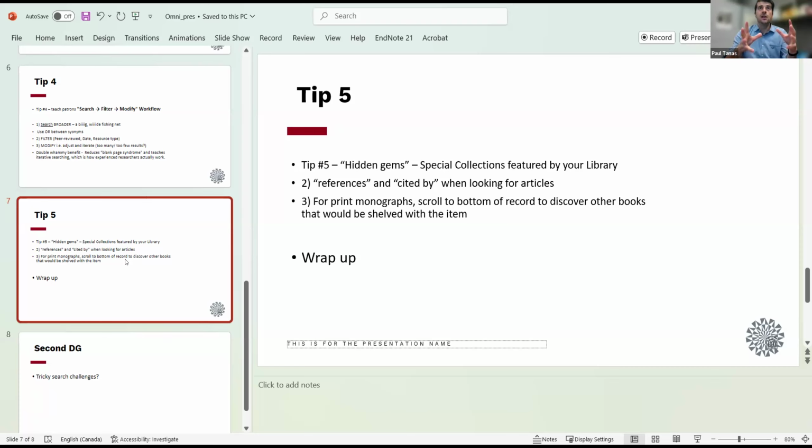We're talking about a number of minutes, and also they have this synoptic view of the resources. So keep that in mind, and in preparation for this training webinar, I've taken a look at Western, Guelph, Queens. Each and every library, you either have archival records, or you have special collections.